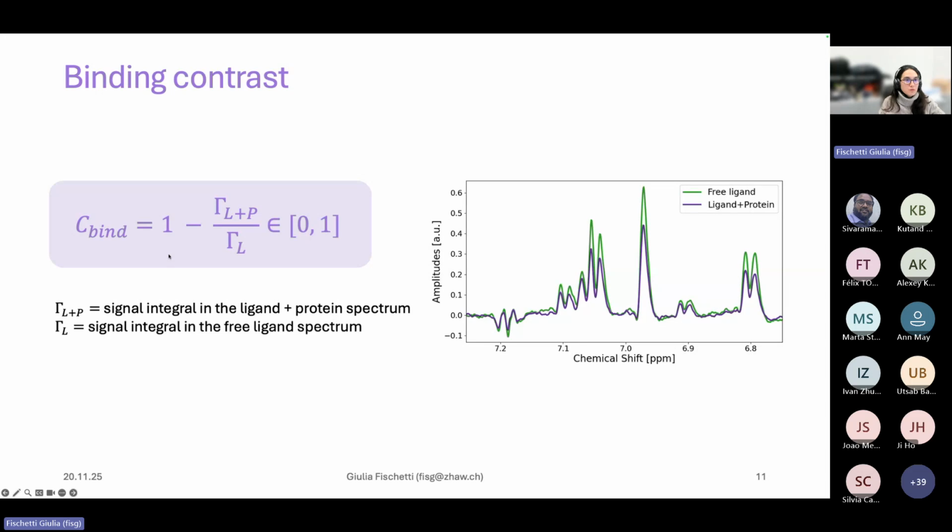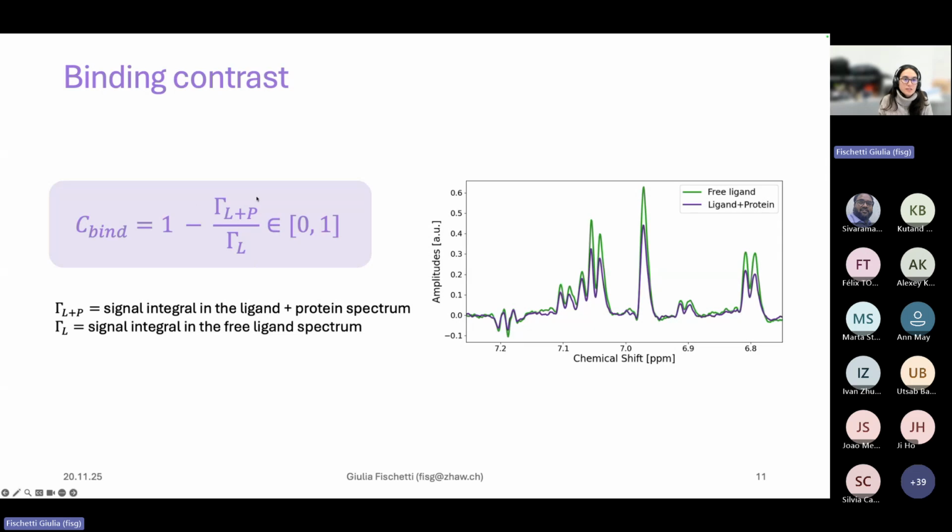One way to do this is to consider the binding contrast, where we just compute the ratio between the signal integral in the ligand plus protein spectrum and the signal integral in the free ligand spectrum.